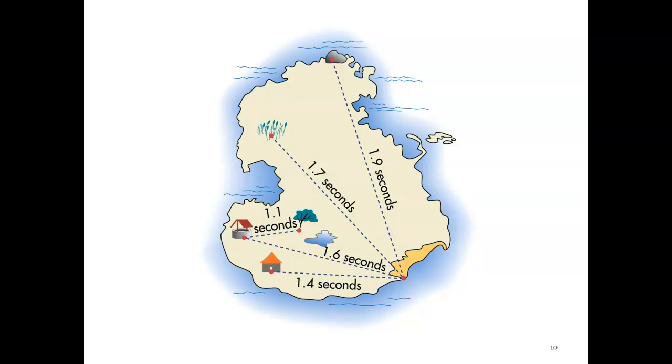So, when you scan a map, it takes a certain length of time. The further away an object is on the map, the more time it takes for your brain to scan it.